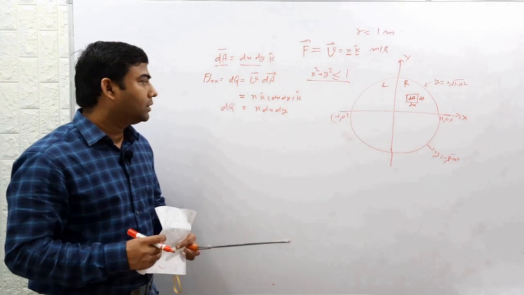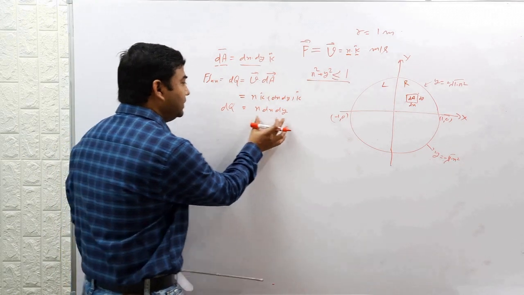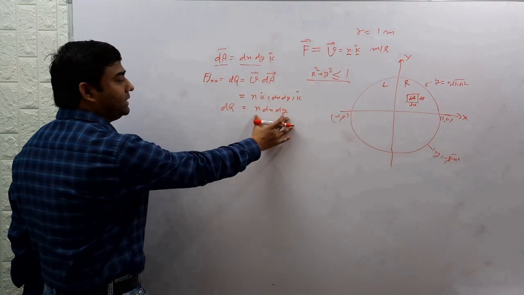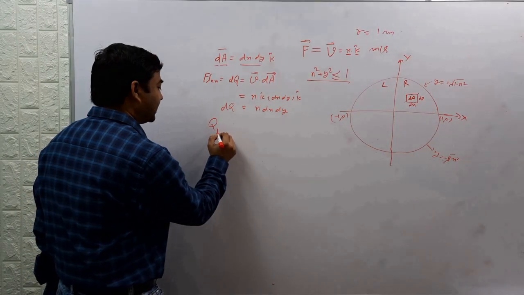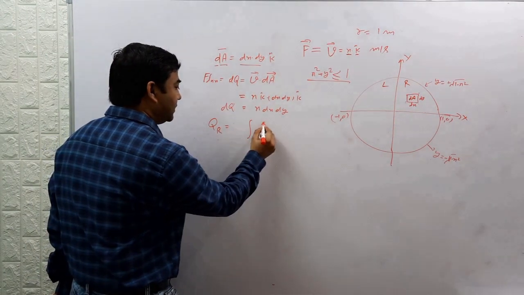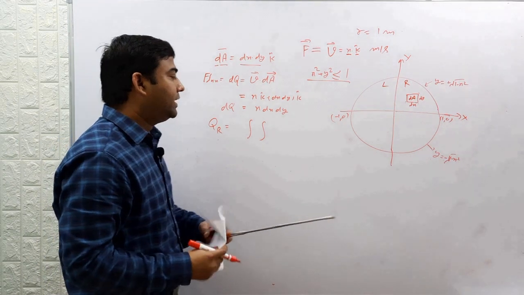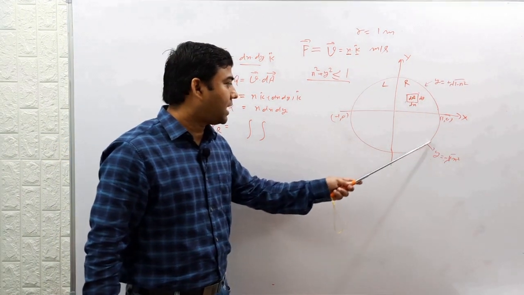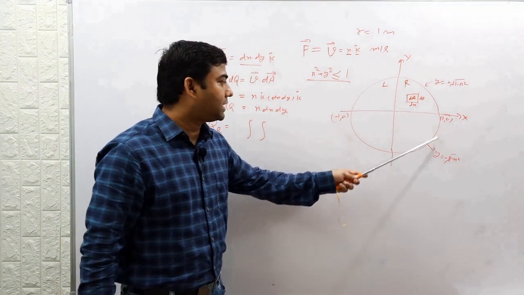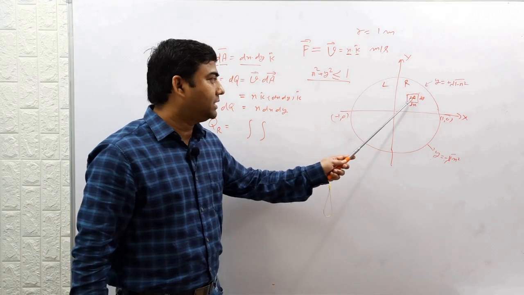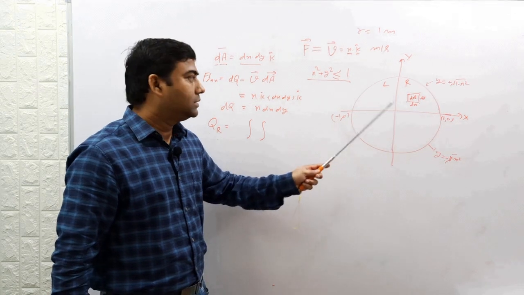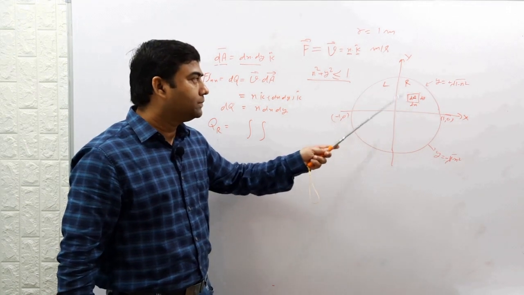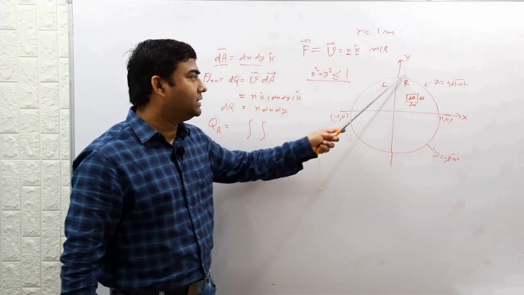So the flux through this area will be x dx dy. The total flux through the right half will be a double integration. We have to sweep this right half by this small area through horizontal and vertical movement.